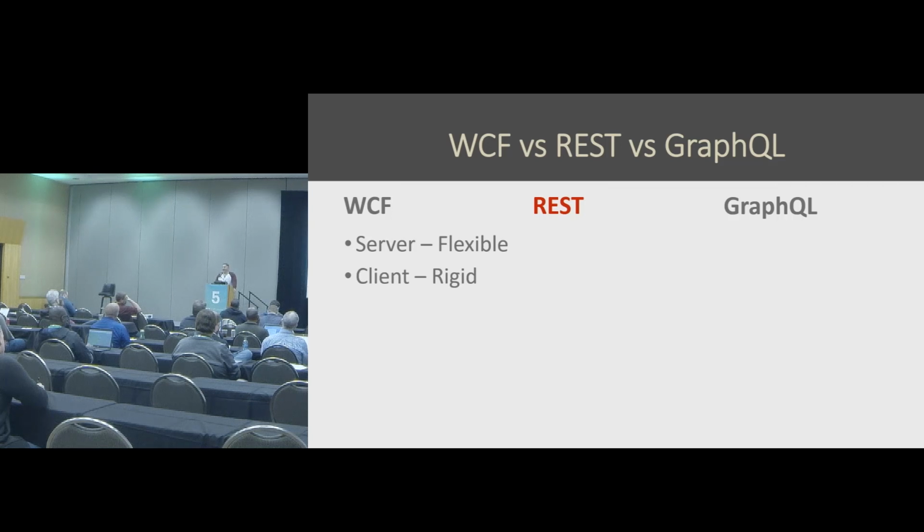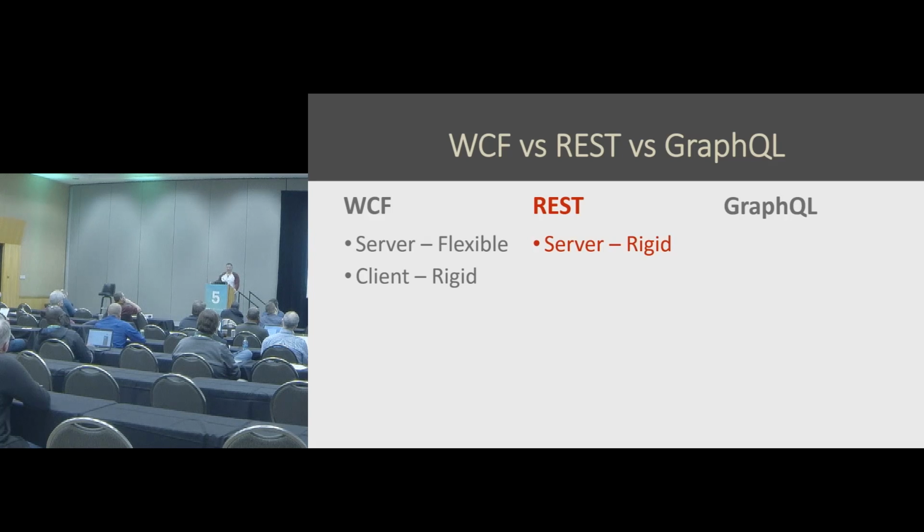For a web developer or a mobile, Android, iOS developer, to be able to get any changes, they have to come to the API team or the server developer and request changes, and so it's very rigid, and there's the bottleneck there. With REST, the server is quite rigid.